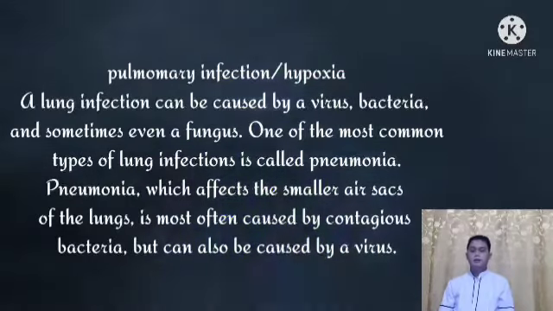Hypoxia is having a low level of oxygen in the blood, so our cells and tissues are also affected, because our cells and tissues need a continuous supply of oxygen for metabolic processes.